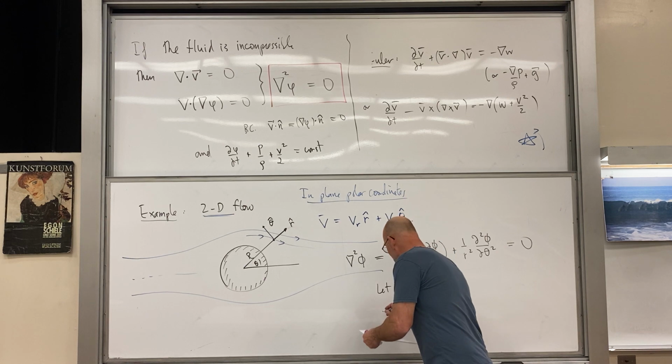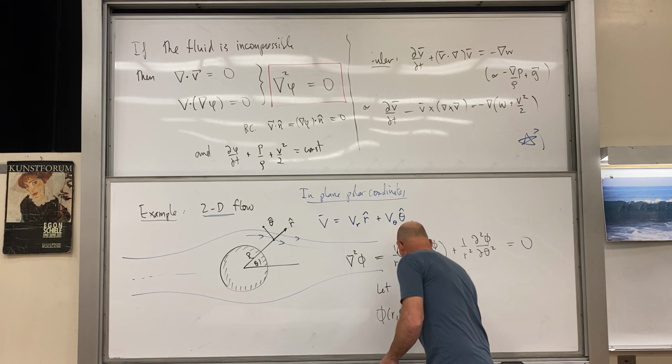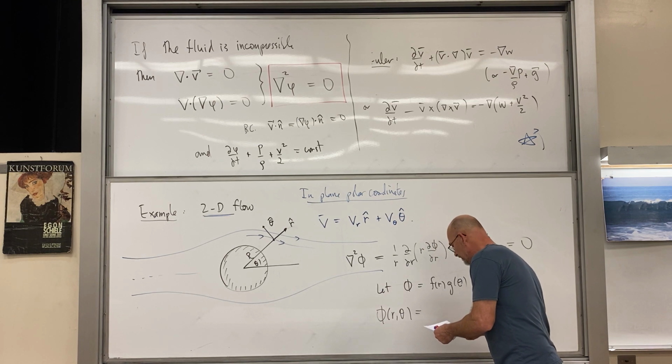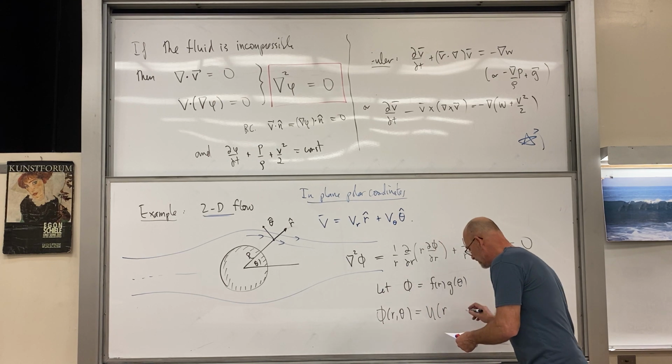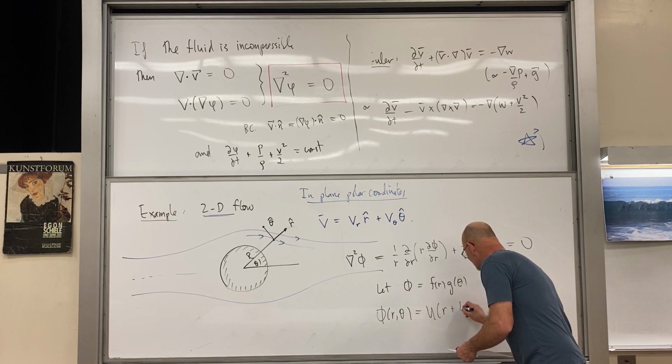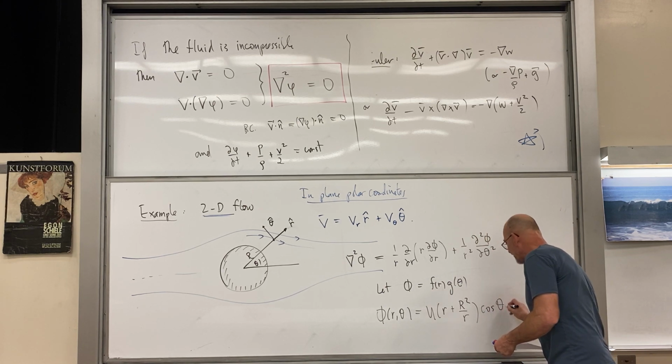You get phi of r and theta equals u times r plus R squared over r, times cosine of theta.